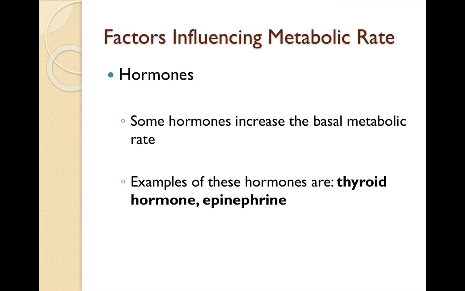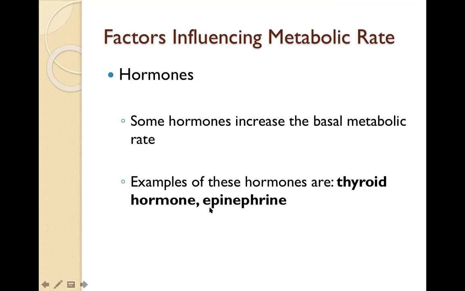Hormones do make a difference though. Certain hormones in your body will increase your basal metabolic rate. Good examples of these are thyroid hormone, which we're not going to talk about in this class. You may have talked about it if you took the other physiology class through Health Sci. Thyroid hormone is very important in maintaining basal metabolic rate, and if there's too much thyroid hormone, you increase your basal metabolic rate.